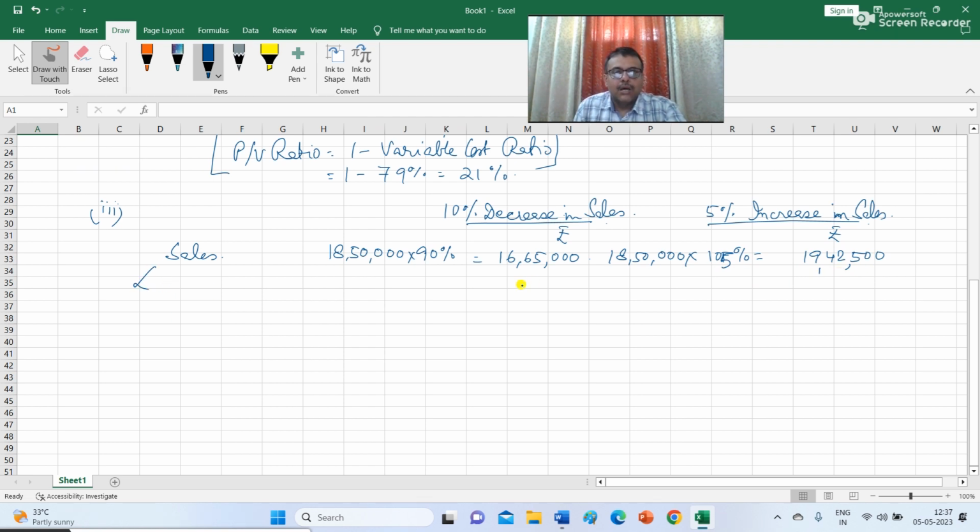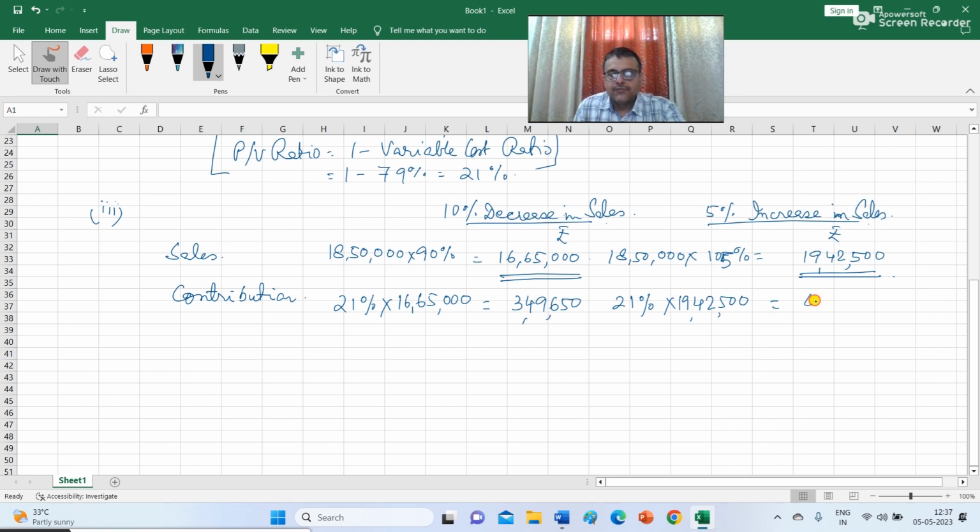Now you can directly calculate the amount of contribution, and your contribution will be 21%. I can calculate the contribution as 21% of this sales. That is 21% of 16,65,000. This is the PV ratio, and the amount will be 3,49,650, and 21% of 19,42,500 is 4,07,925.